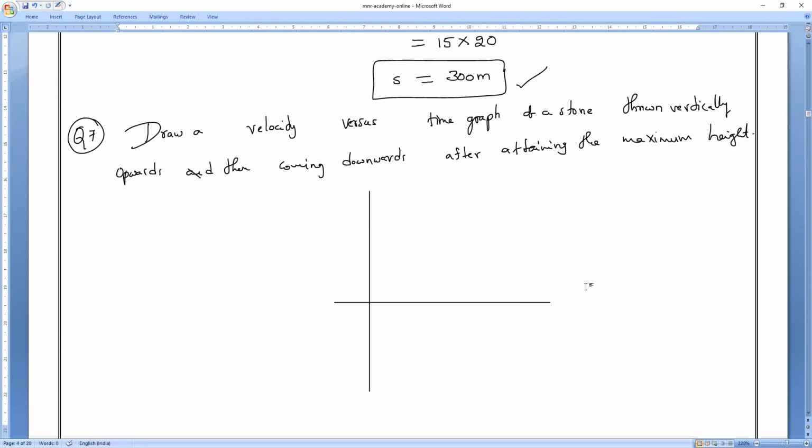So we have to draw the velocity versus time graph. Let us see now how to draw it. Sir, we need not mention the numerals for velocity and time, no, sir? No, we need not mention. I will just explain. So first of all, you tell me when the ball is thrown upward.